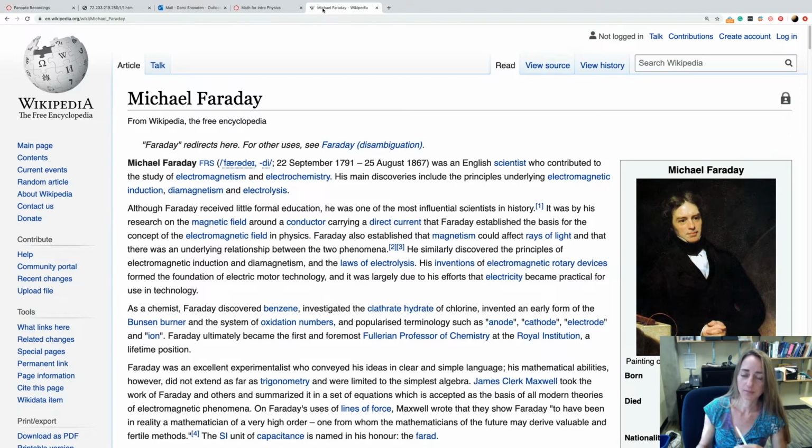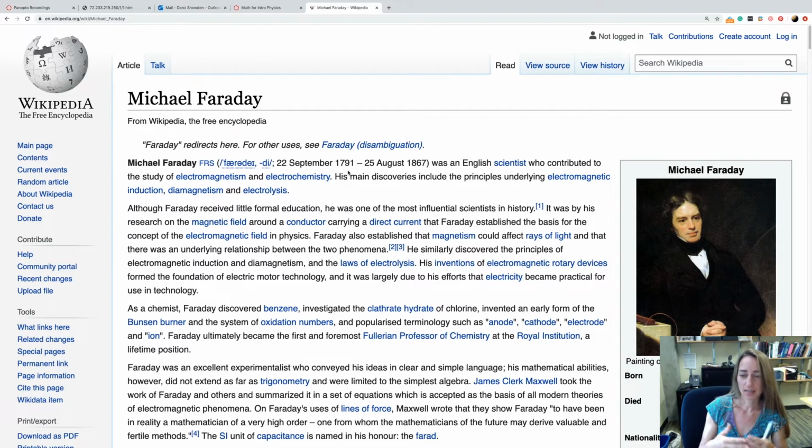Michael Faraday is another big-time scientist when we're talking about electromagnetic theory. If you look here, he was born after Coulomb published that paper that I talked about when we were talking about Coulomb's law that described how the electric force fell off like 1 over the distance squared. So this gives you an idea about the progression from experimentalist to theory.